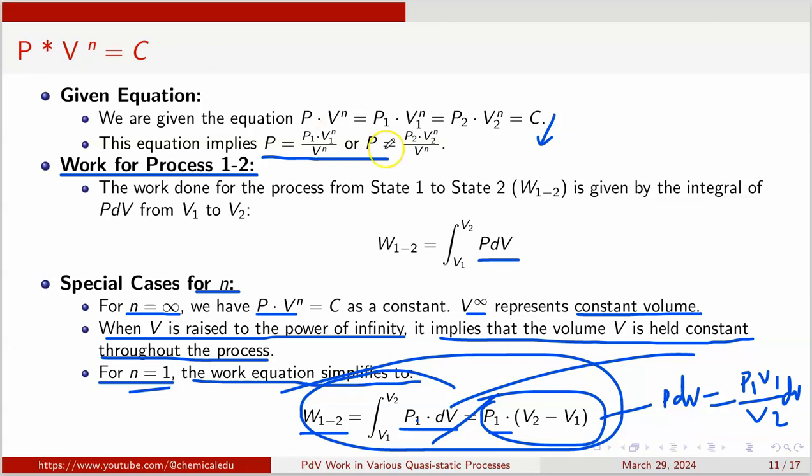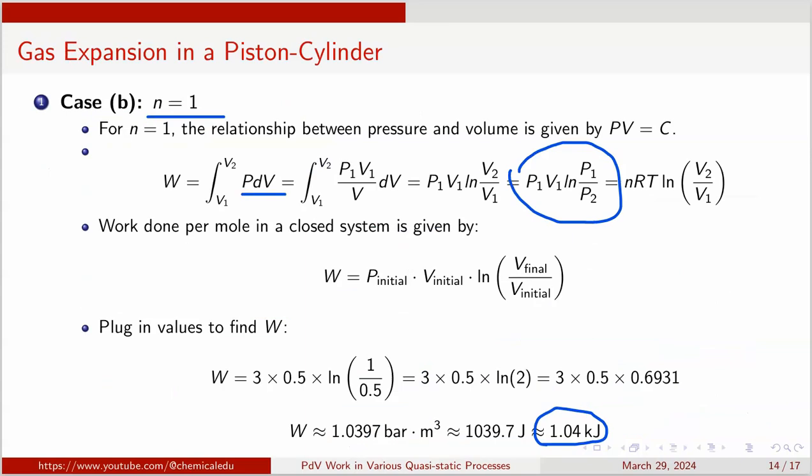That's it. So when n is equal to 1, we get W is equal to 1.04 kilojoule.